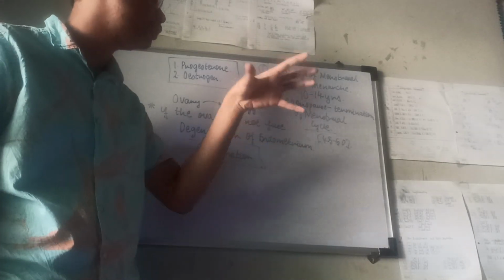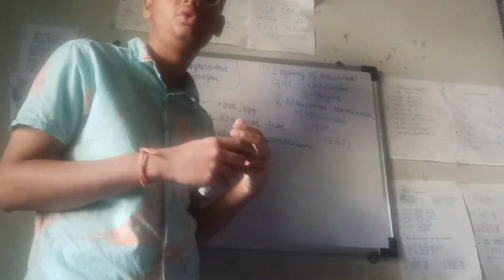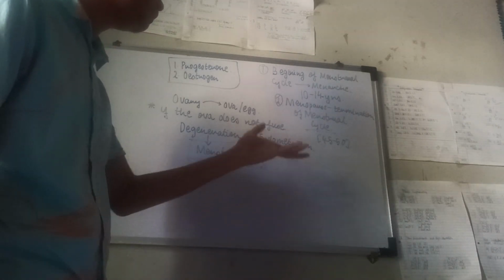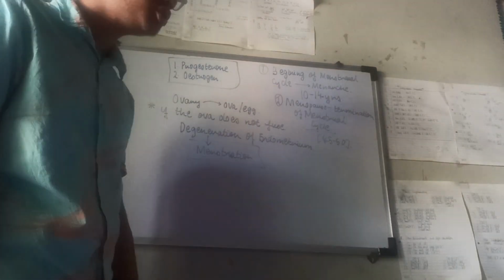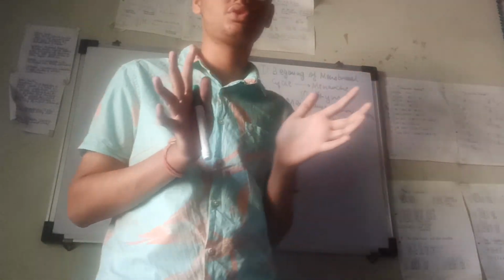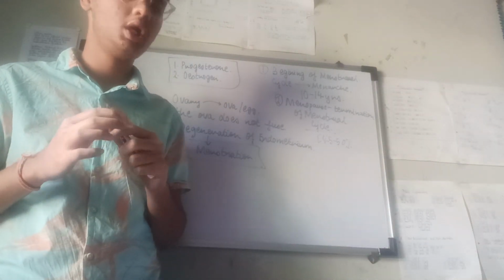And if you are in 12th standard, it's a recap for you. And menopause is the termination of the menstrual cycle, at 45 to 50 years of age. So this was the basics of the female reproductive system. I will give you some more ideas of it.